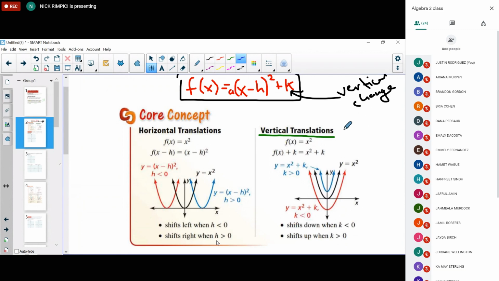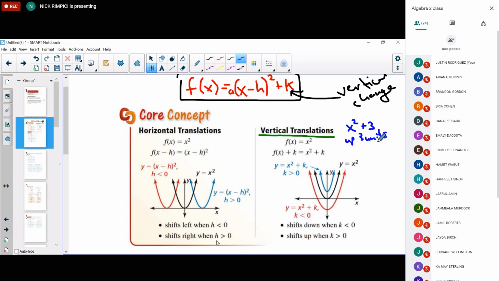So for example, if I had x squared plus 3, by making k positive 3, this would move the graph up 3 units.